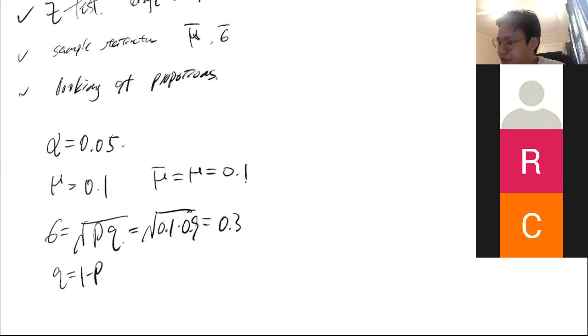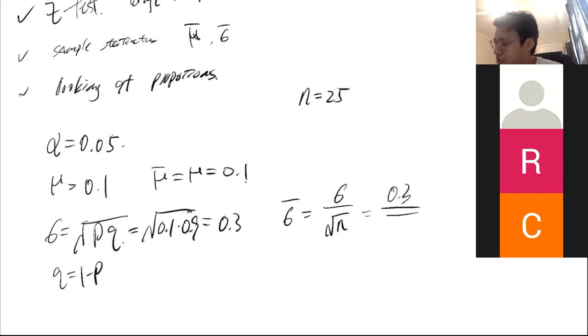But remember, for the sample statistic, sigma bar is equal to the population sigma divided by the square root of n. We have 25 participants, so n is 25. So the sample statistic is 0.3 over the square root of 25, which is 0.06.